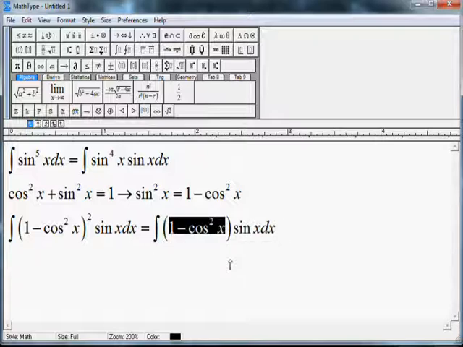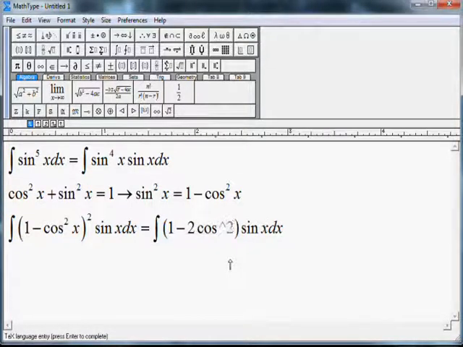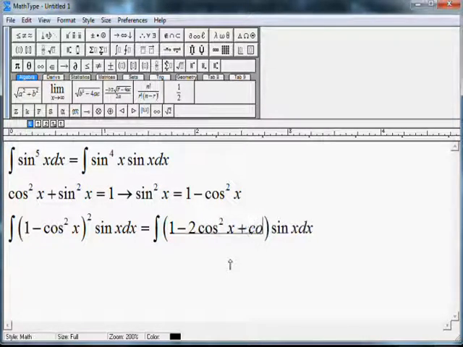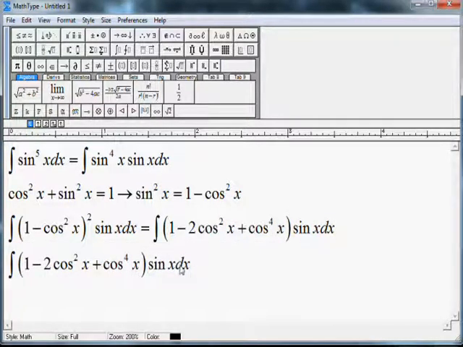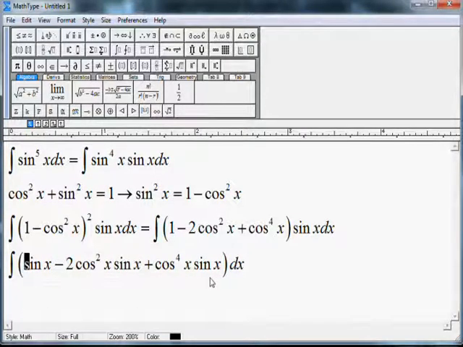It's going to be 1 minus 2 cosine squared x plus cosine to the fourth x. Now we distribute this sine through, and you'll see why we kept the sine. Let me get rid of these parentheses.